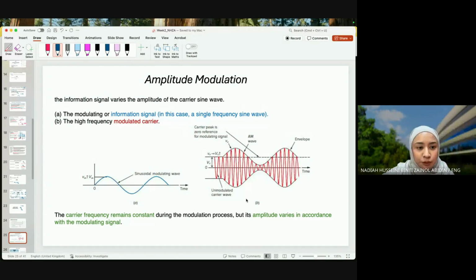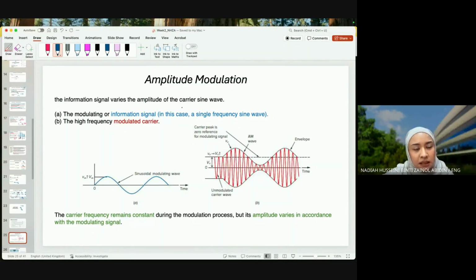Alright, so amplitude modulation is when the information signal varies the amplitude of the carrier sine wave. Now, the question is, what is information and what is carrier? Those two terms. Okay, so we have a modulating or information signal.